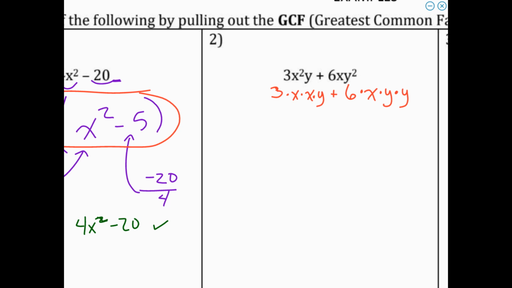So you think the 3 is the greatest common factor, at least one of them, right?